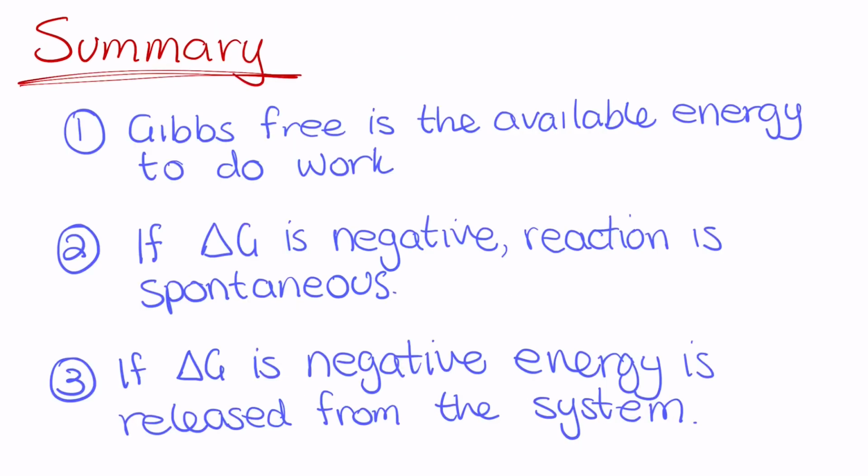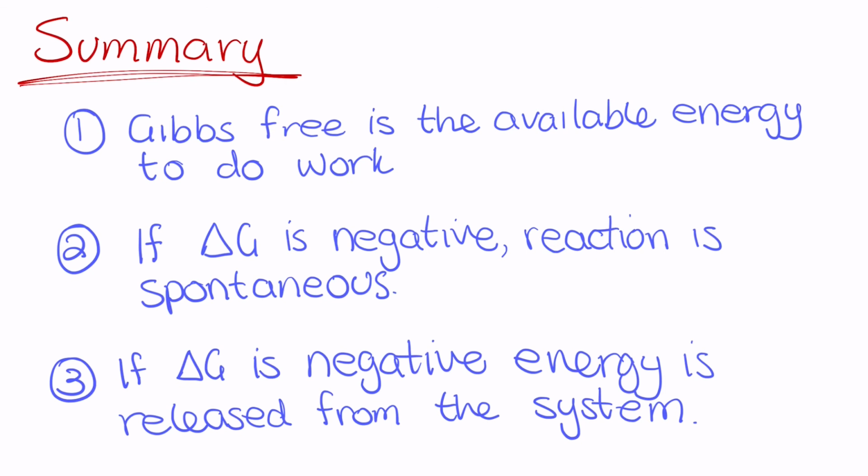So just to end in a summary, I guess the important things to take away from this video is that Gibbs free energy is essentially the term used to describe the amount of available energy there is to do work. And the delta G, or the change in Gibbs free energy, is just the difference in the amount of energy before and after a reaction.